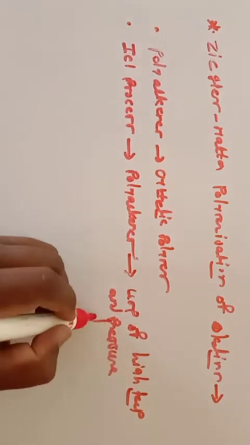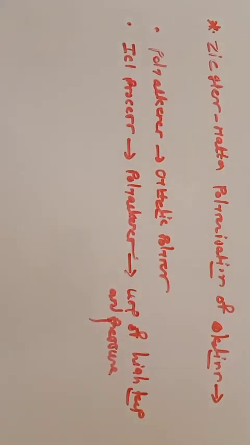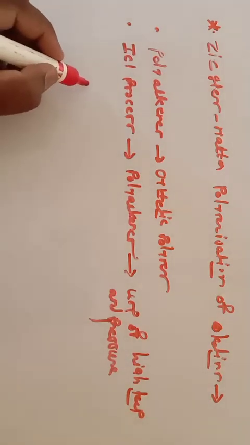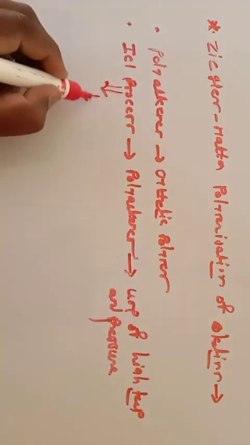So before discussing Ziegler-Natta polymerization of olefins, you should know that polyalkenes are the most common and useful class of synthetic polymers. The ICI process used for formation of polyalkenes involves the use of high temperature and pressure, and it is called thermal polymerization.